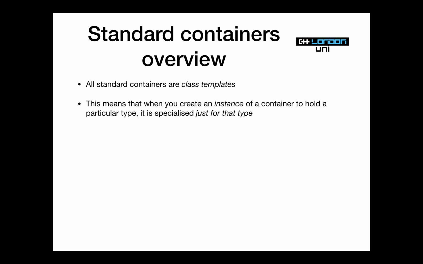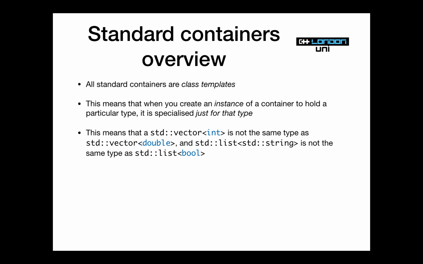We have to give them the type that we're operating on. Well, the other thing worth remembering is that, as I said, a vector of ints is not the same type as a vector of doubles. This means take my vector blueprint and construct a vector of ints from that blueprint. Construct a vector of doubles from that blueprint. But the things you make from the blueprint are not the same types.